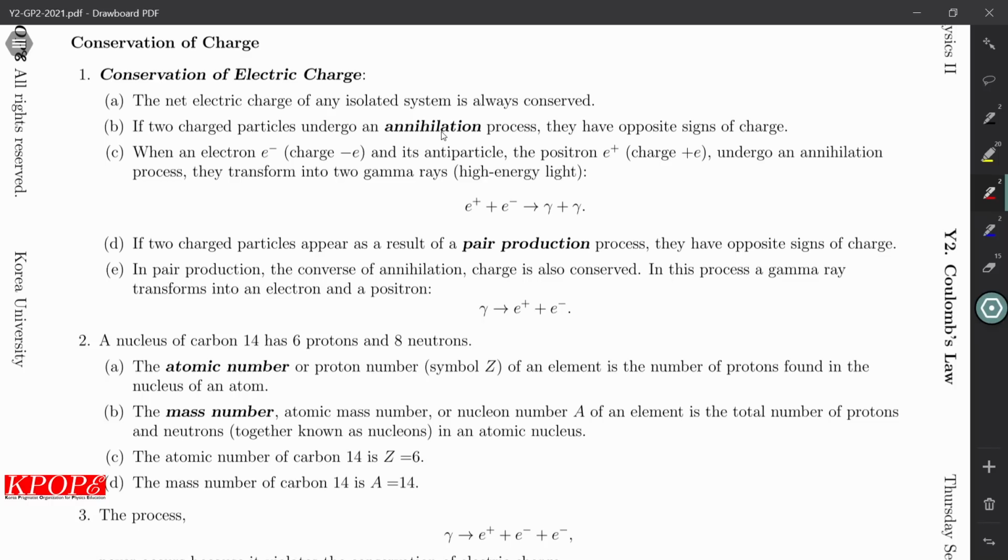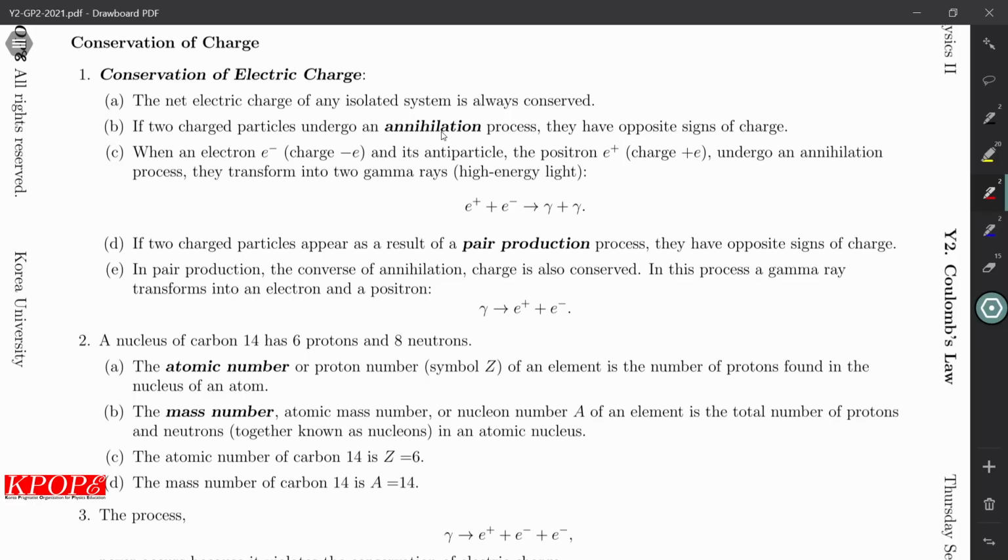And outside the nucleus, an atom is composed of the nucleus and electrons. They communicate with each other through electromagnetic force, and the carrier of the electromagnetic force is actually the photon.